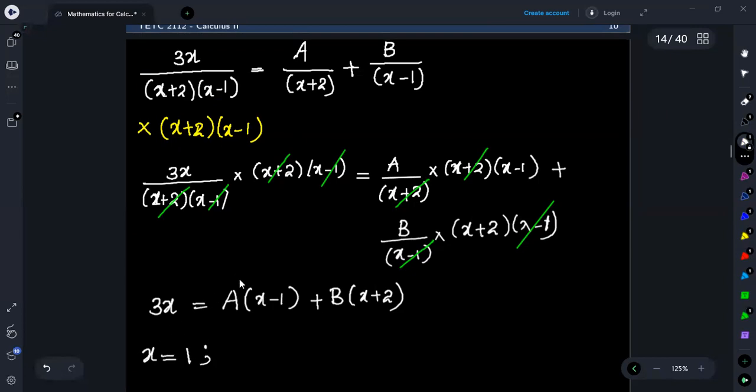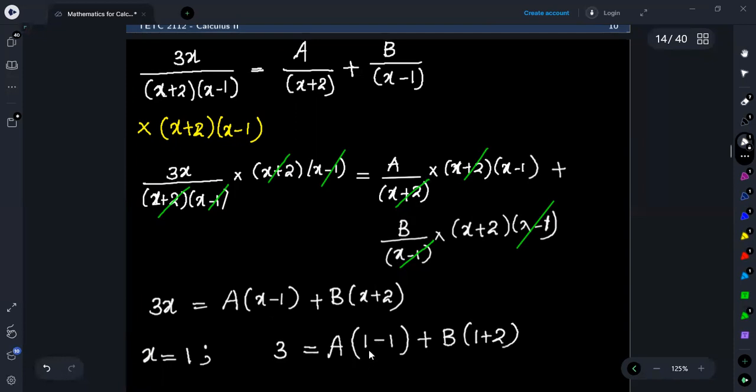If we substitute x is equal to 1, then on our left hand side, we obtain 3 is equal to a times (1 minus 1) plus b times (1 plus 2).